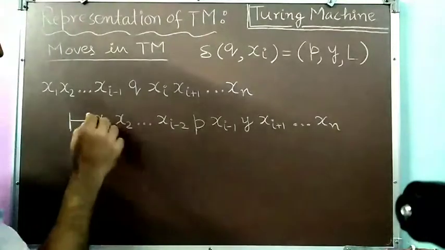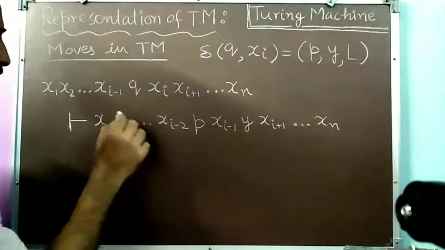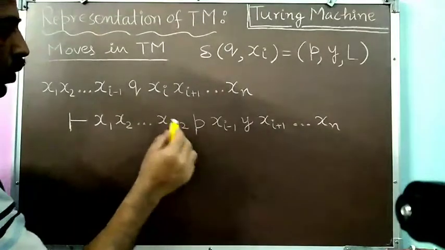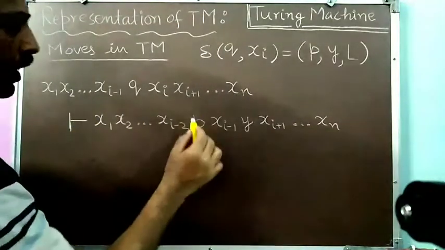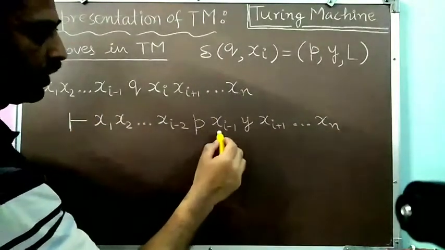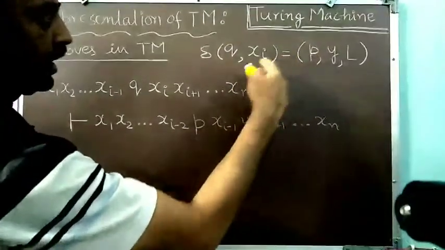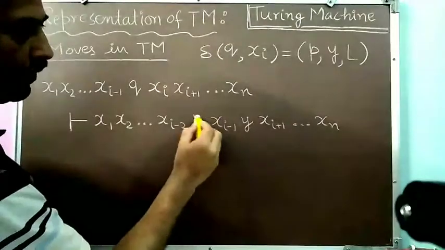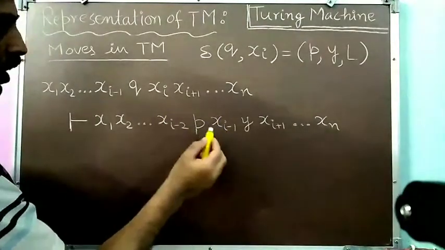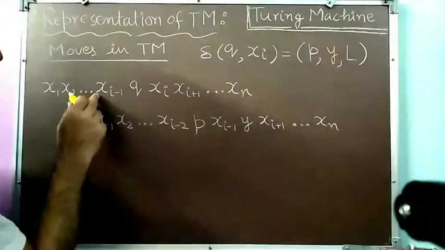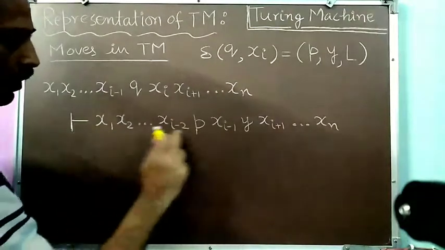So x1, x2 and so on up till xi minus 2 stay as they are, and the read-write head will come to xi minus 1. Because the state has changed from q to p, we write p here, so now our state has come before xi minus 1.